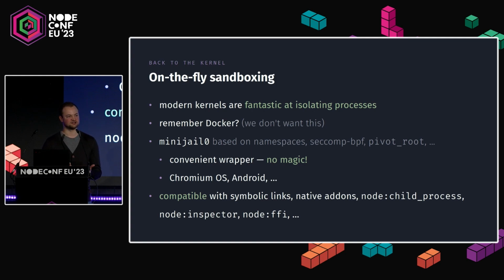But the core idea is not bad. And Google realized that, or maybe Minijail even predates that, I don't know. It's a very nice tool and library that you can use to isolate Linux processes. It used to be used on Android and is now still being used in Chrome OS, for example. It uses these kernel features in a very clever way to isolate processes with very strong security guarantees. It uses a ton of features. Namespaces allow you to have multiple sets of users on Linux.